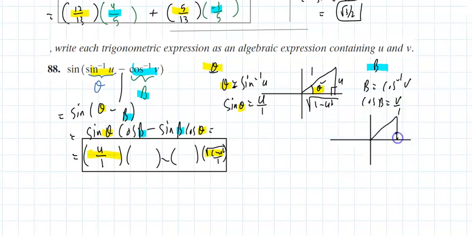So you're going to assume you're in quadrant 1. This is beta, and this is the adjacent over the hypotenuse. That makes this the square root of 1 minus v squared. And from beta, I need the cosine and the sine. Cosine would be the adjacent over the hypotenuse, and sine would be the opposite over the hypotenuse.